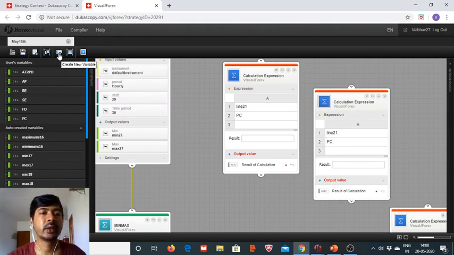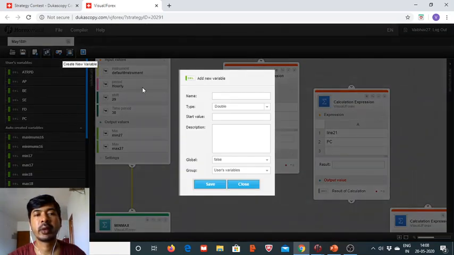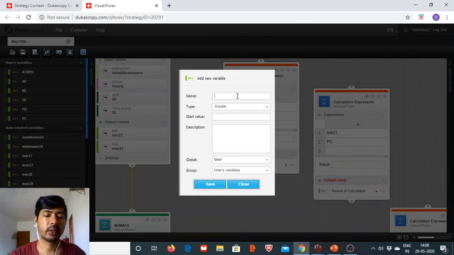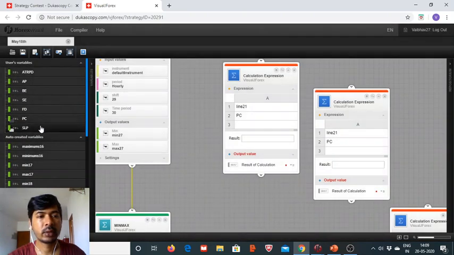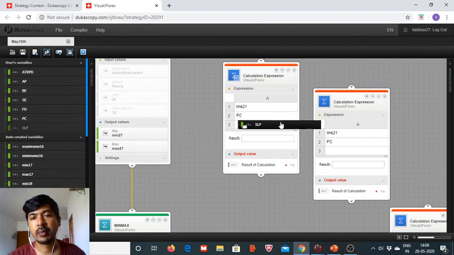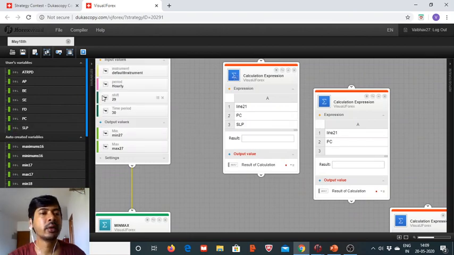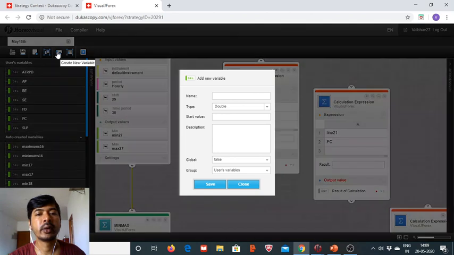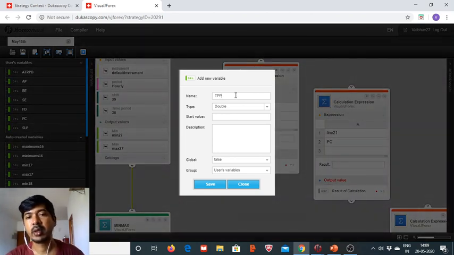Now we create an additional variable, a new variable, and it will be stop loss pips, 0.15. So we save this as SLP, and here we make it TPP, 0.30.